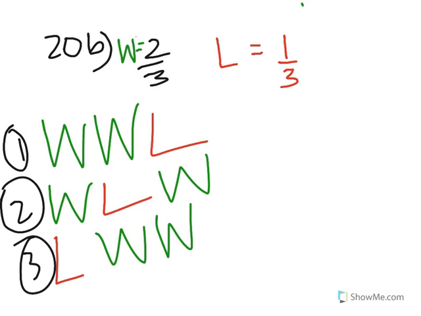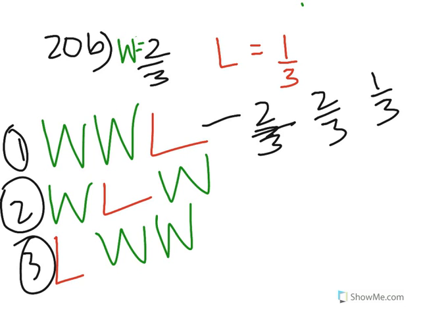So if we calculate the probability of each possibility happening and add them all together, we're going to get the probability that she wins exactly 2 out of 3 games. So first of all, let's calculate the probability of 1. The probability of her winning in the first time is 2 out of 3. The probability of her winning in the second time is 2 out of 3. The probability of her losing in the third time is 1 out of 3.